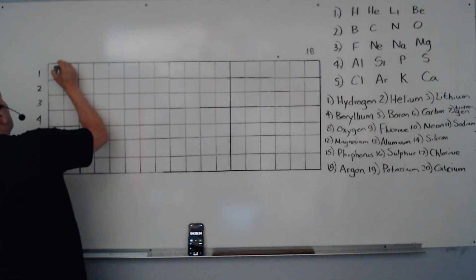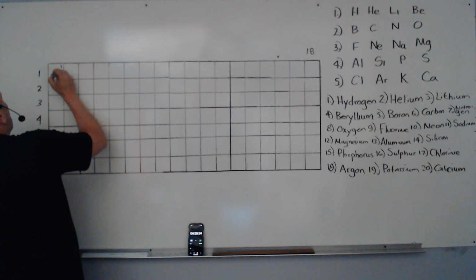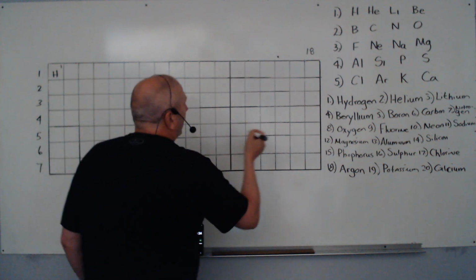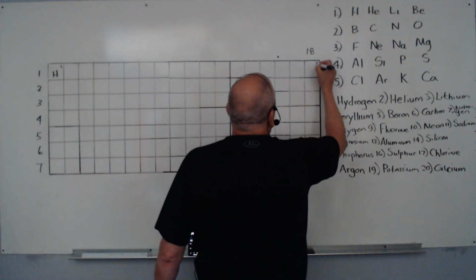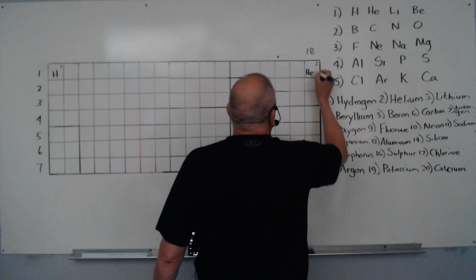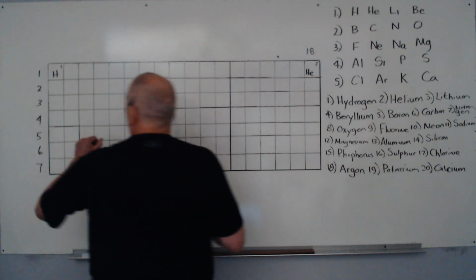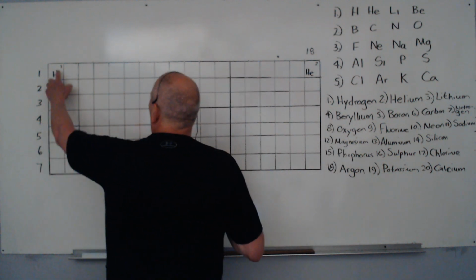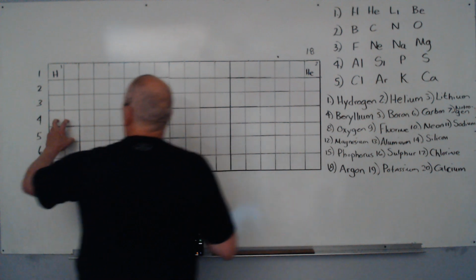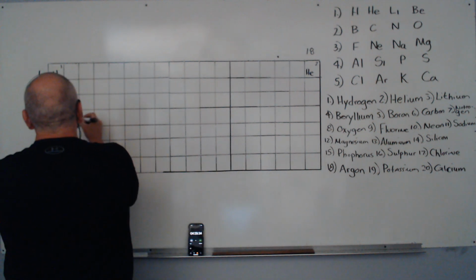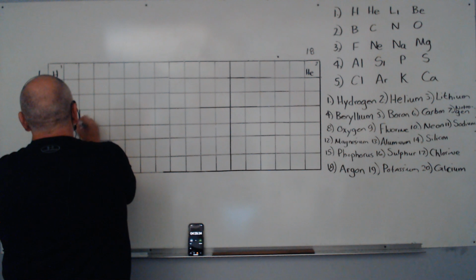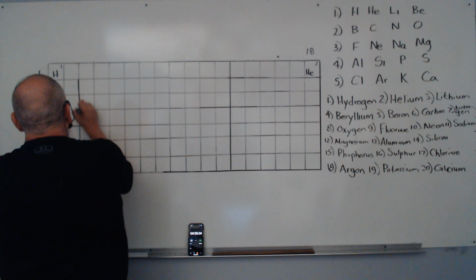Here's the first one, H. And the second one is helium. Now, a clue here on how to plug this in is you have 1 and then 2, 4, 6. Notice that. So I'm just going to block that off, highlight that. These 6 here.